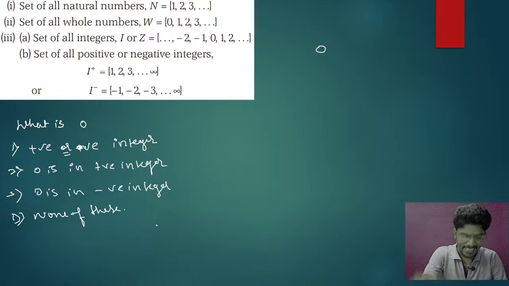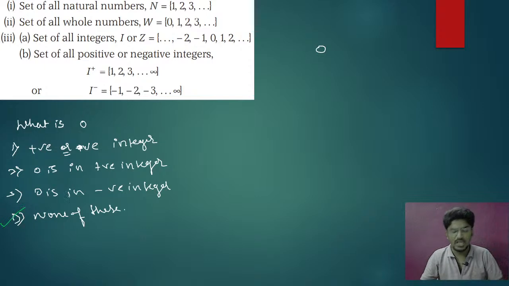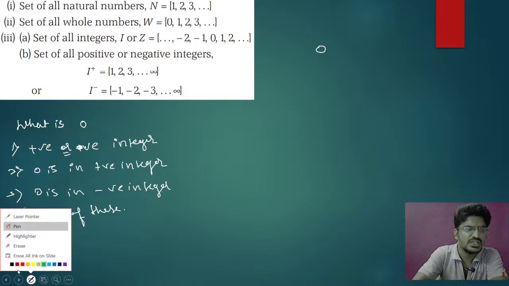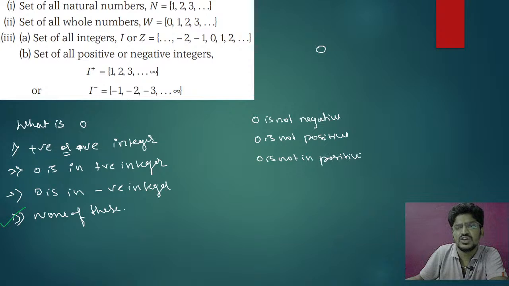Most of you are saying option 1, but my dear students, the answer is option D, none of these, because 0 is neither negative nor positive. 0 is not in positive integers, as well as 0 is not in negative integers.